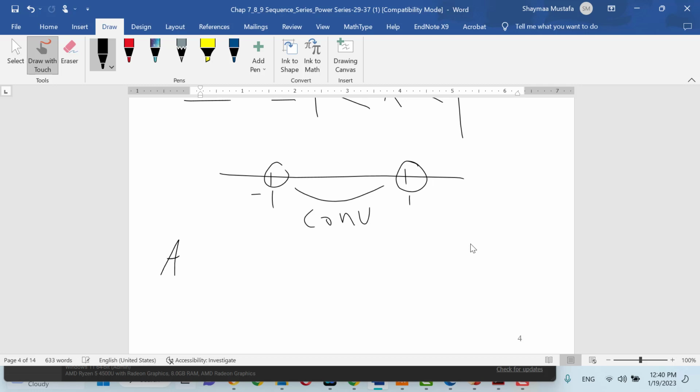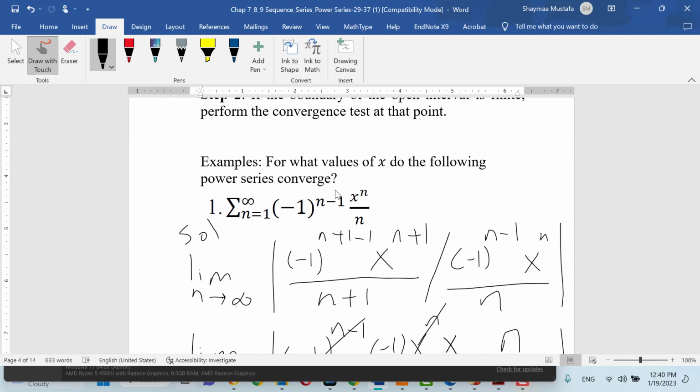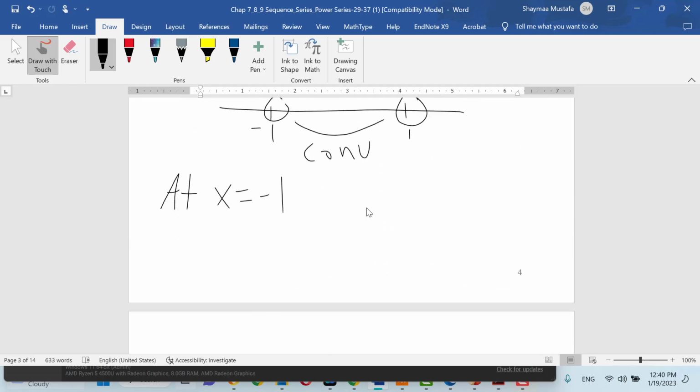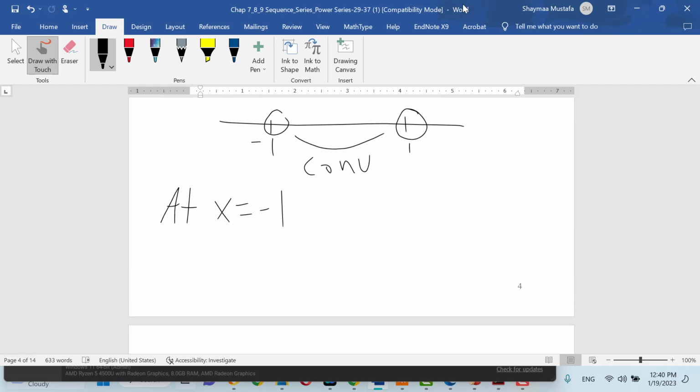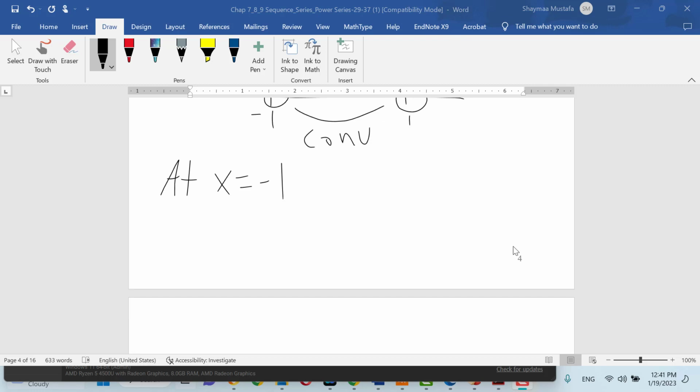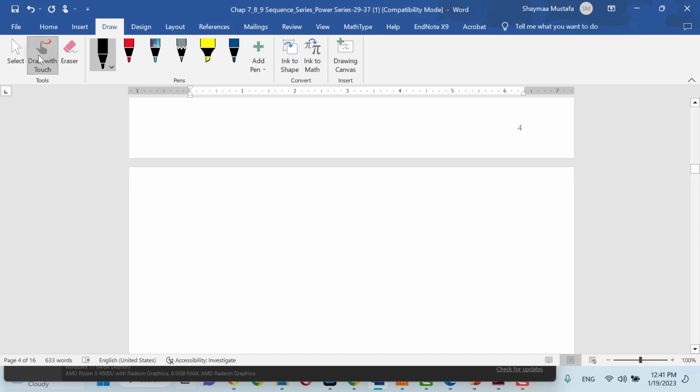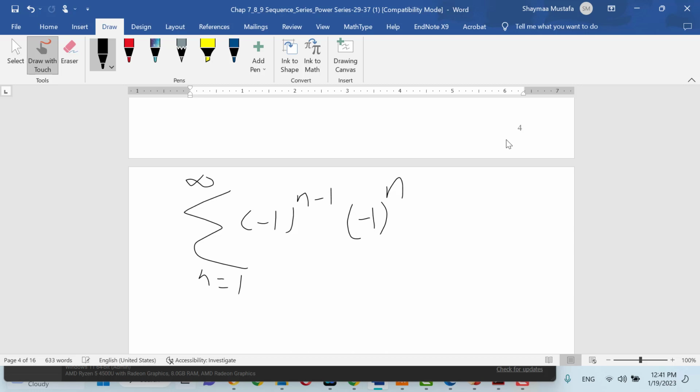So at x equal to -1, go to the series. Replace x by -1. If you substitute x by -1, you will get the series from n equal to 1 until infinity, of -1 to the power n over n.